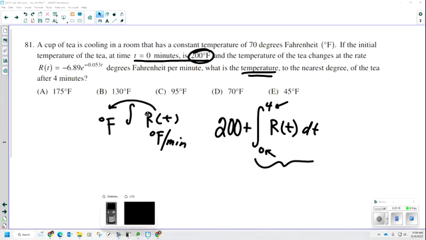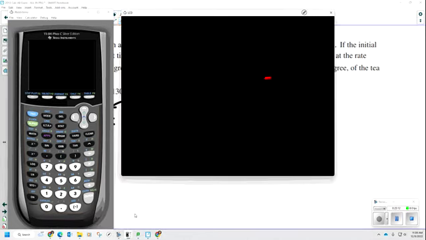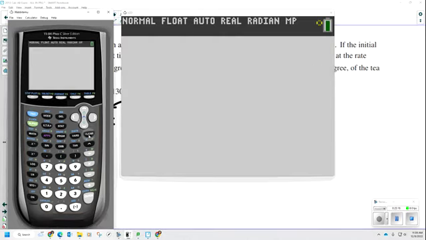Do this, erase that from the previous problem, turn this on. I'm going to start with 200, and I'm going to add the integration, which is math 9 in these wonderful calculators, from 0 to 4.